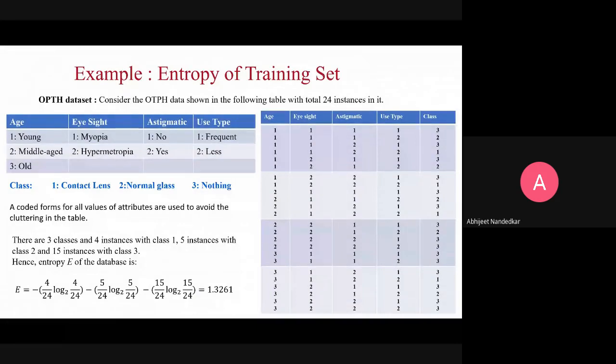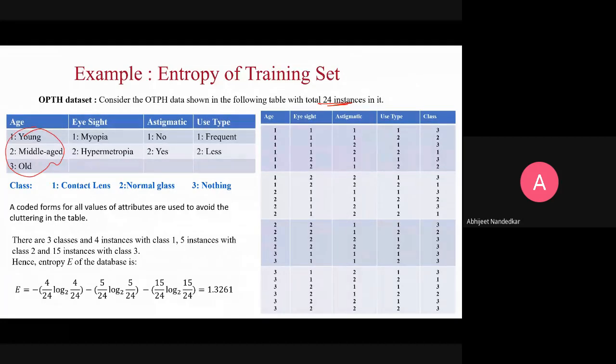Now, as an example of entropy of a training data set, and this example we are going to use for further study, so give some attention here. OPTH dataset, ophthalmic dataset. Consider this dataset which has 24 instances, and this dataset is encoded for age: young, middle age, and old.